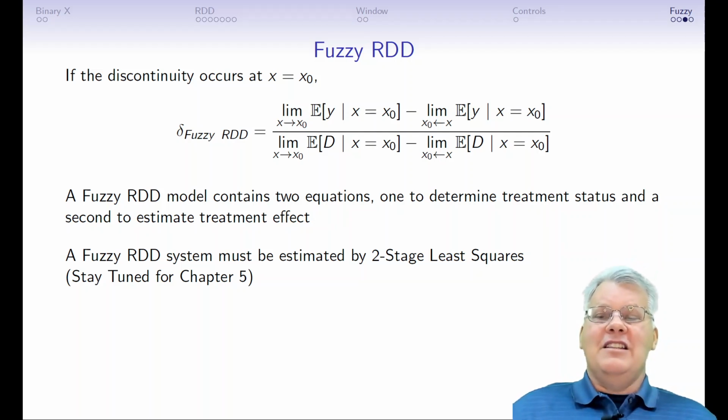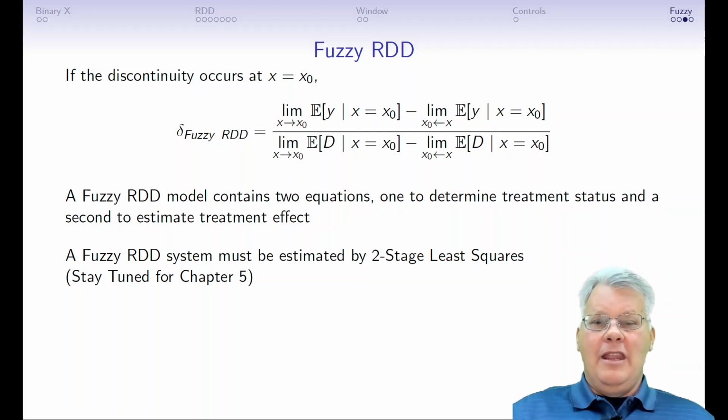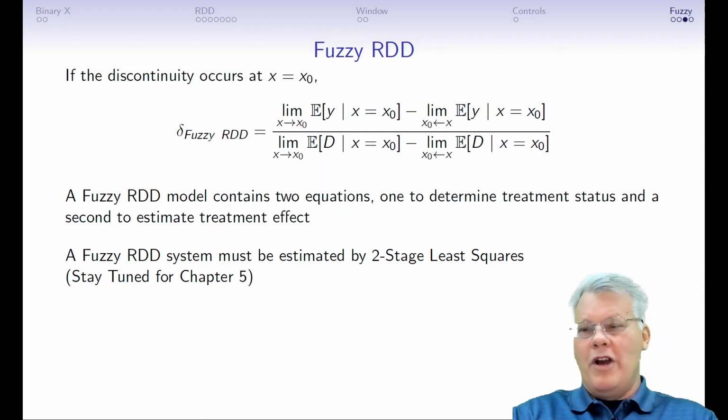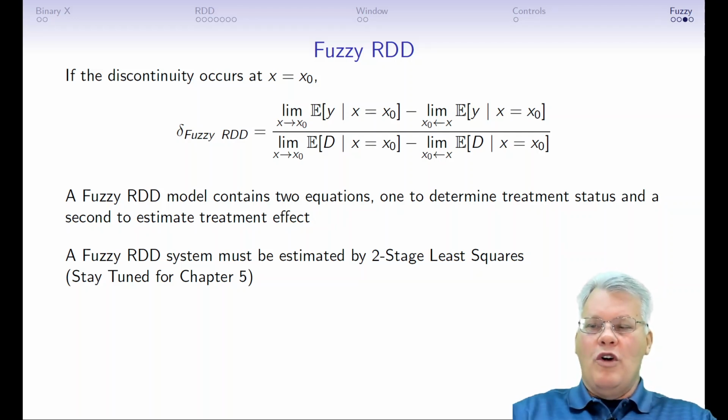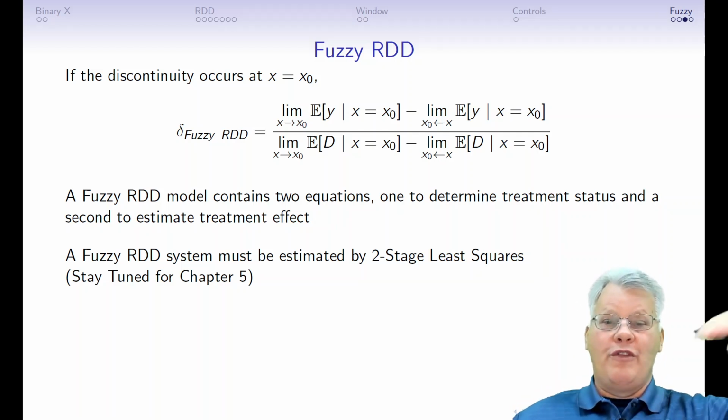So for this estimated treatment effect, we're taking the limit in the expected probability of admission as we approach the SAT score. In the numerator, the first term is the limit of the expected probability of admission as the SAT approaches 1200 from below, minus the probability of admission as the SAT score approaches 1200 from above.